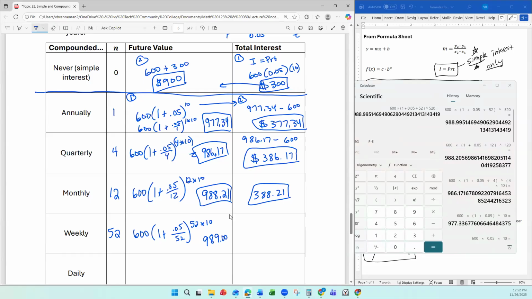So added less than $1 on this. Now going 389 interest, and subtracting the 600 each time to get the interest.